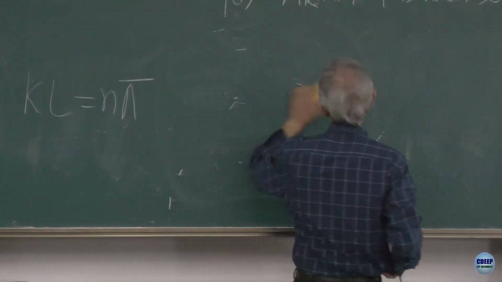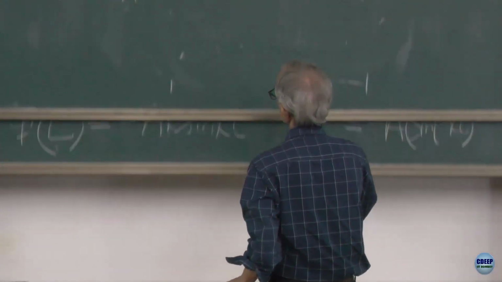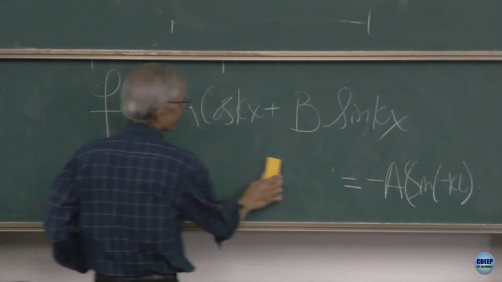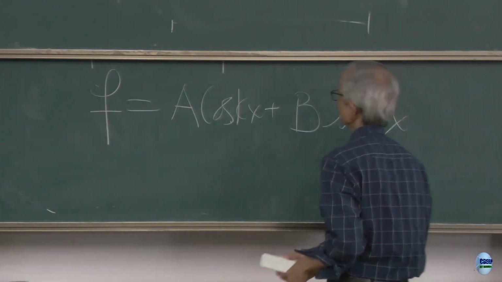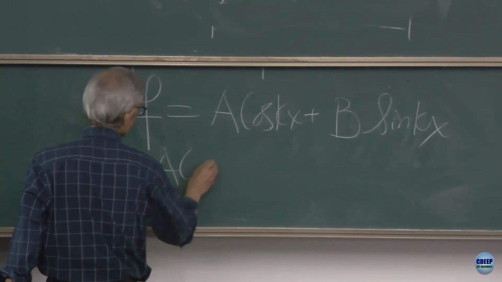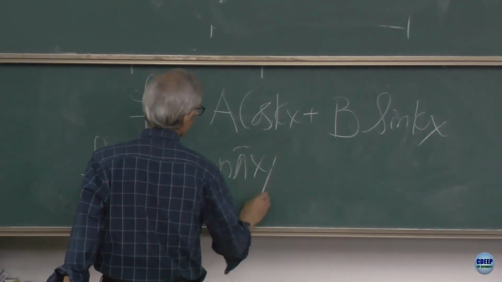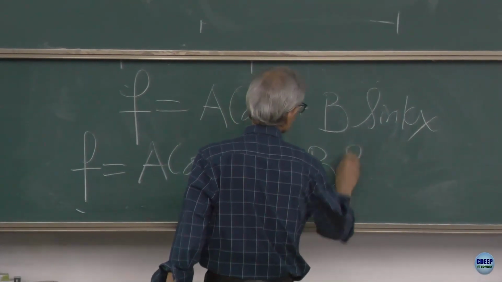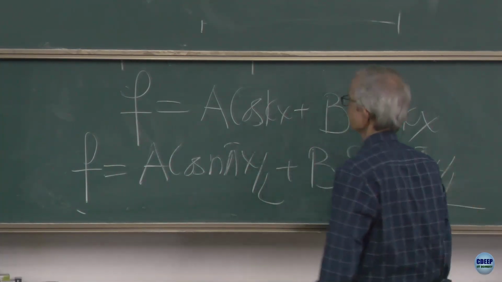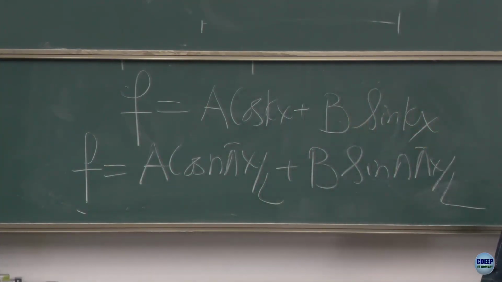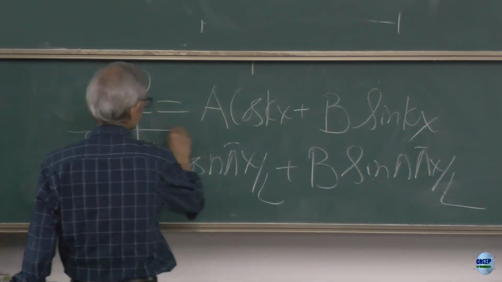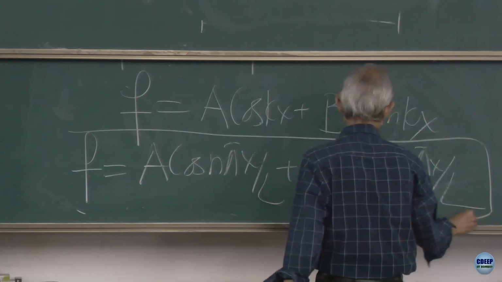Which means that now my solution is f equal to a cos n pi x by L plus b sine n pi x by L. What is this? Have we seen this in the past?